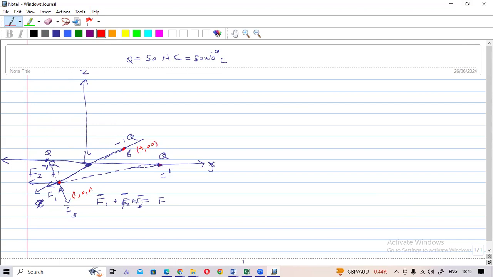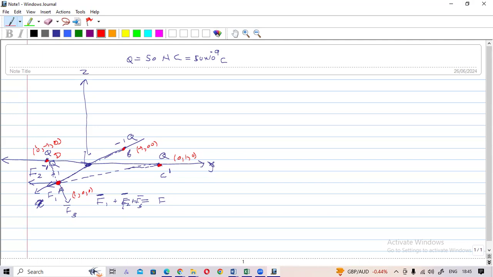This is point C, that is 0, 1, 0. This is point D, that is 0, -1, 0. This is X, Y, Z. So here Y is -1. You need to find the total force on this A charge.